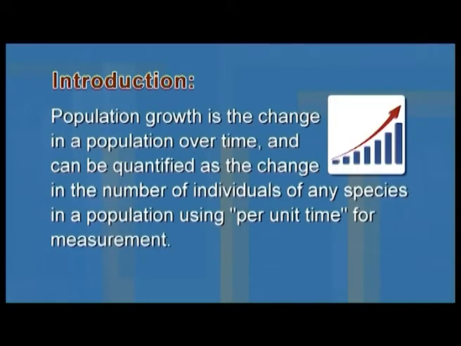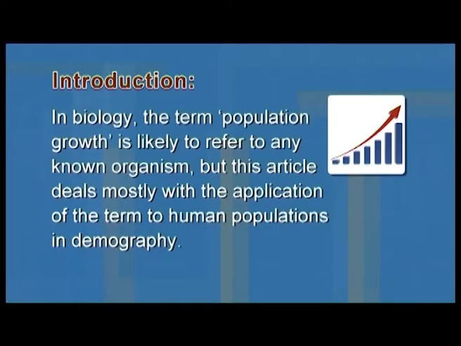Population growth is the change in a population over time and can be quantified as the change in the number of individuals of any species in a population using per unit time for measurement. In biology, the term population growth is likely to refer to any known organism, but this article deals mostly with the application of the term to human populations in demography.